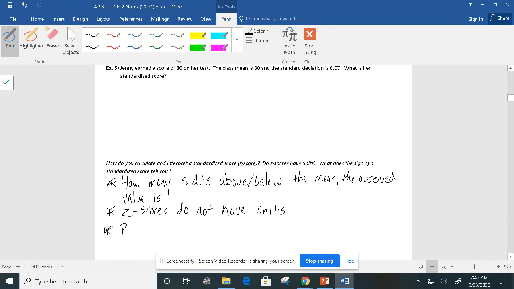And finally, a positive z-score means that you're above the mean. A negative z-score means that you're below the mean.